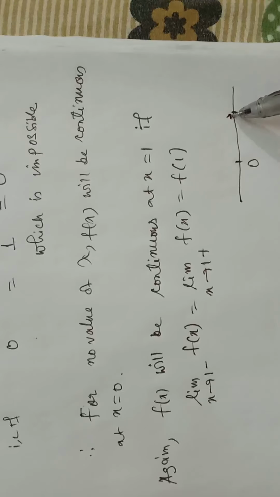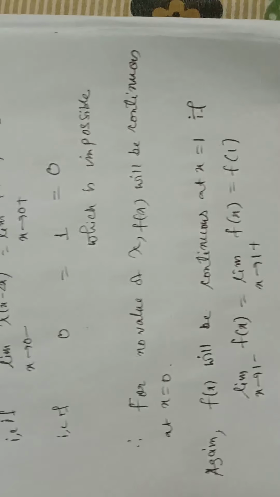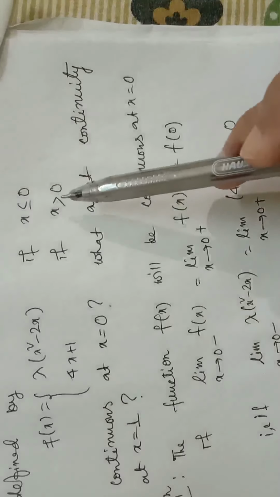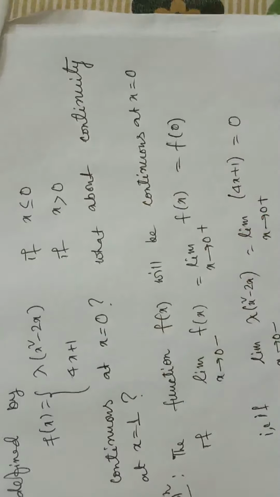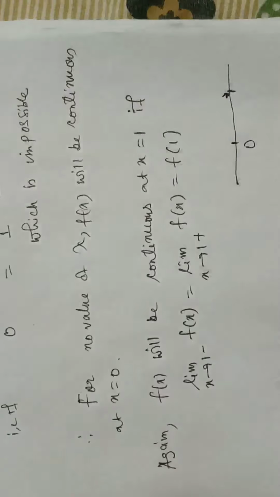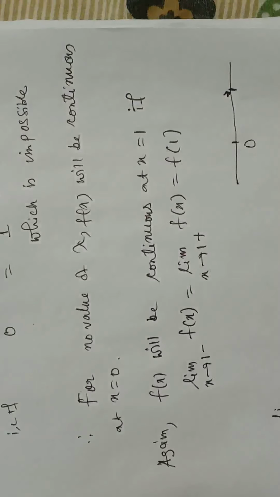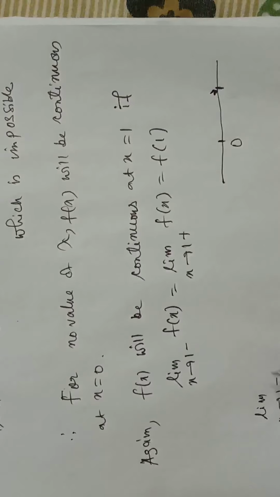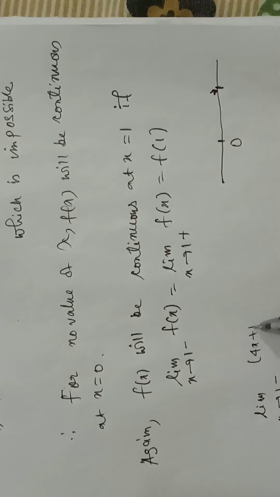In this position, x is greater than 0, and when x is greater than 0, the value of the function is 4x plus 1. So we write: limit x tends to 1 minus, value of f(x) will be 4x plus 1.